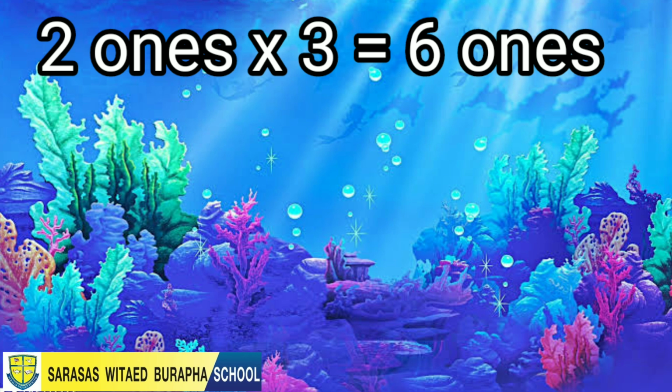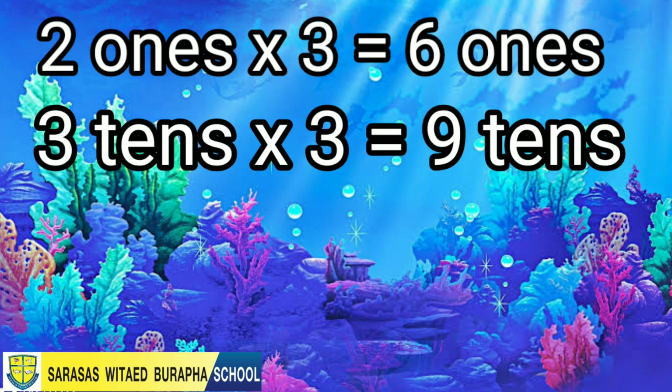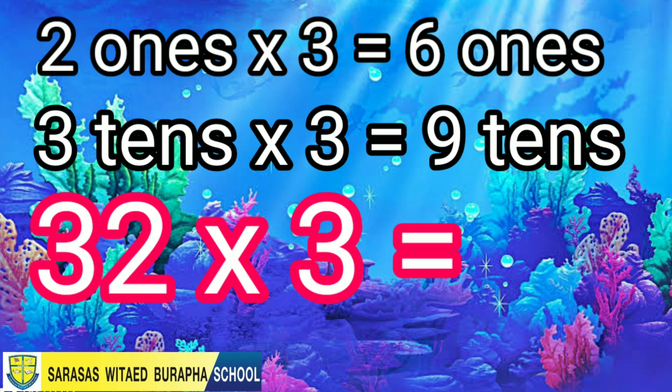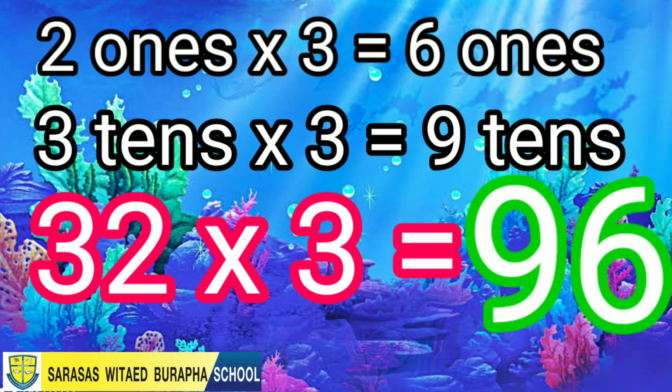And 3 tens times 3 is equal to 9 tens. For the method, 32 times 3 is equal to what? Very good. That's 96.